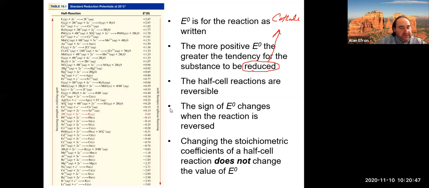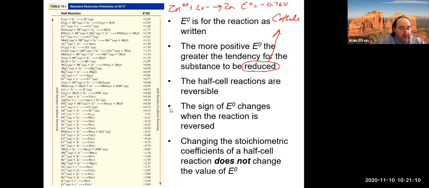The half cell reactions are reversible. So as we talked about with our zinc reaction, the zinc written as its reduction half reaction has an E value of, I think it was minus 0.76 volts.